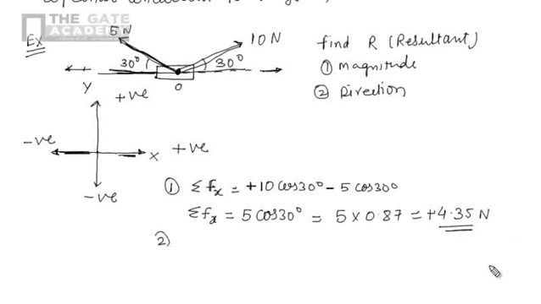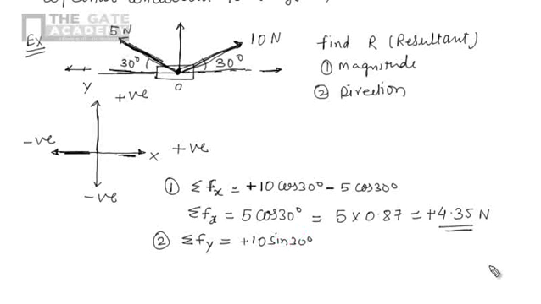Similarly, we find the algebraic summation of the components of all forces about the y-axis. In the y direction, the component of 10 N is vertically up, and vertically up is the positive direction, so we have plus 10 sin 30.